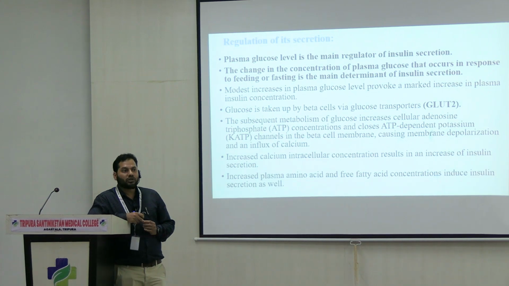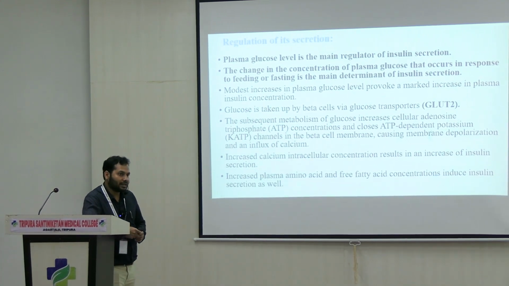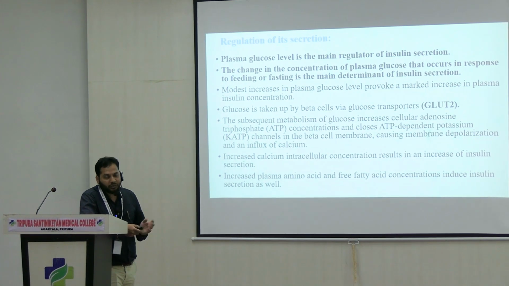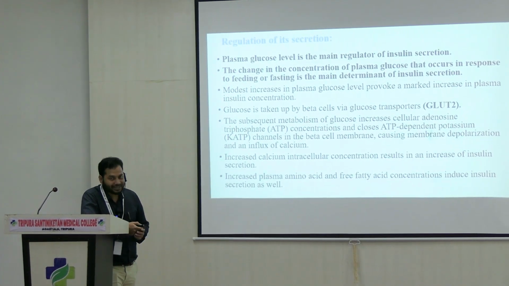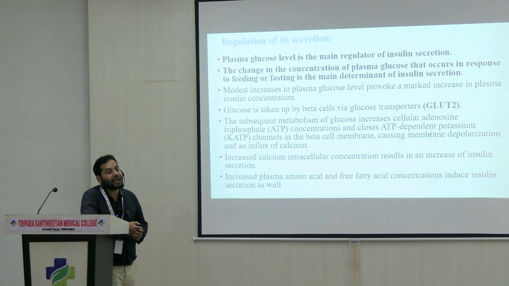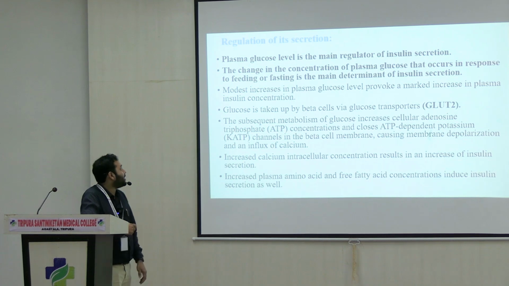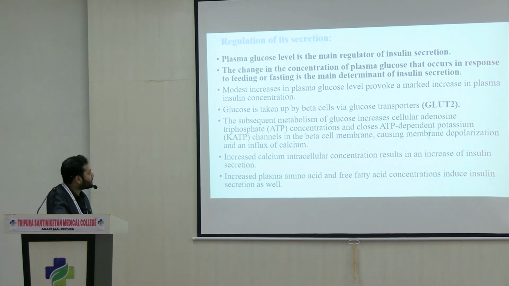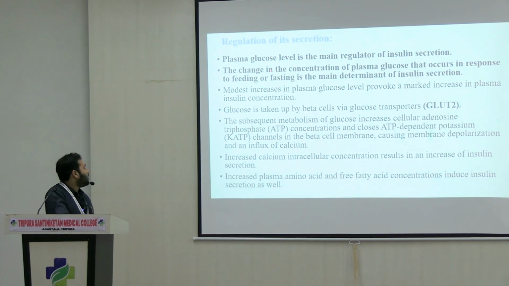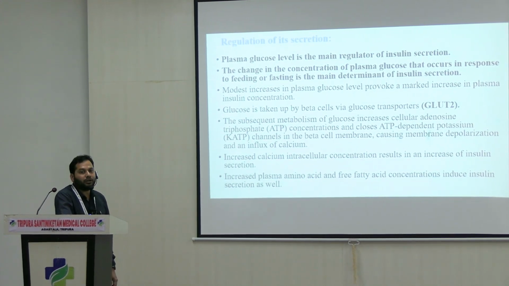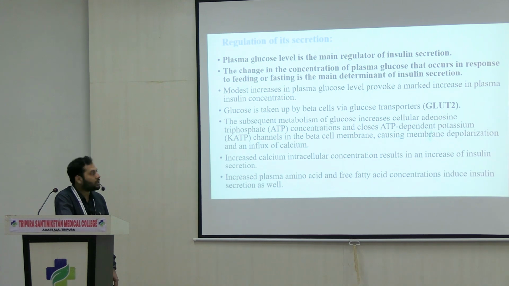Now, whatever amount of insulin is synthesized must be released from these glands and act on the target cells. So what is the exact mechanism of insulin release, or what are the regulatory mechanisms of insulin secretion? See, the most important thing is the availability of blood glucose.